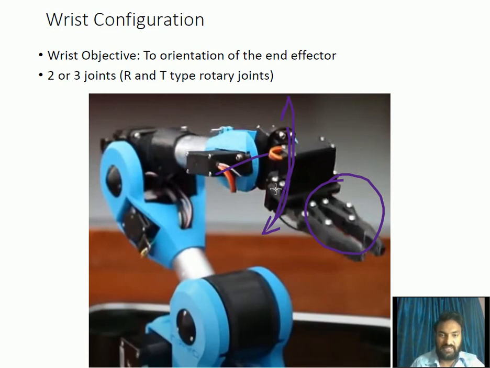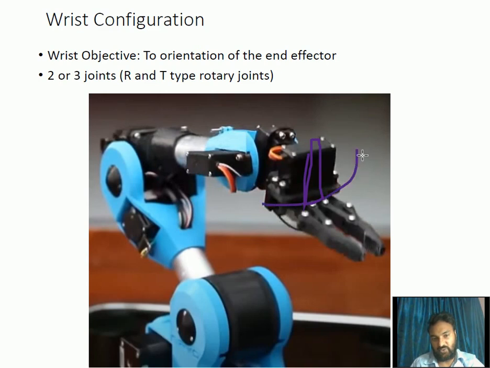Again, there is another joint here, another joint vertically behind this. That allows the end effector to move in the horizontal plane, like this way. So it is like the yaw.